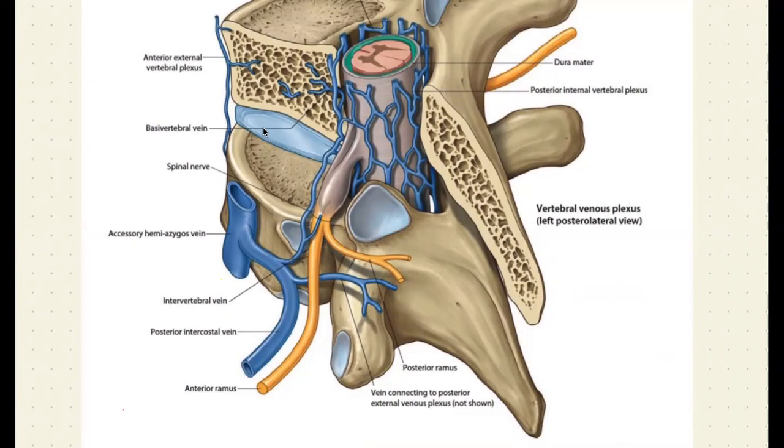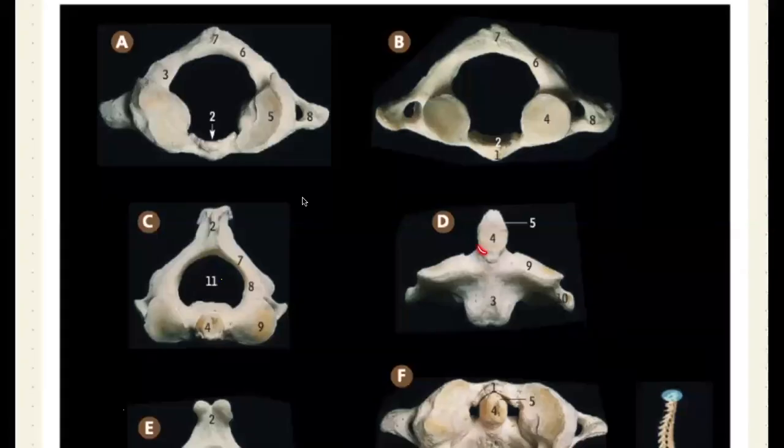Okay, Dr. Bubli, could you mention what are the ligaments that attach to the odontoid process? Can you see the picture? No. Okay, so tell me what are the ligaments that attach to the odontoid process? This one. In the odontoid process, there will be attachment of the alar ligament and also the transverse ligament and the apical ligament.